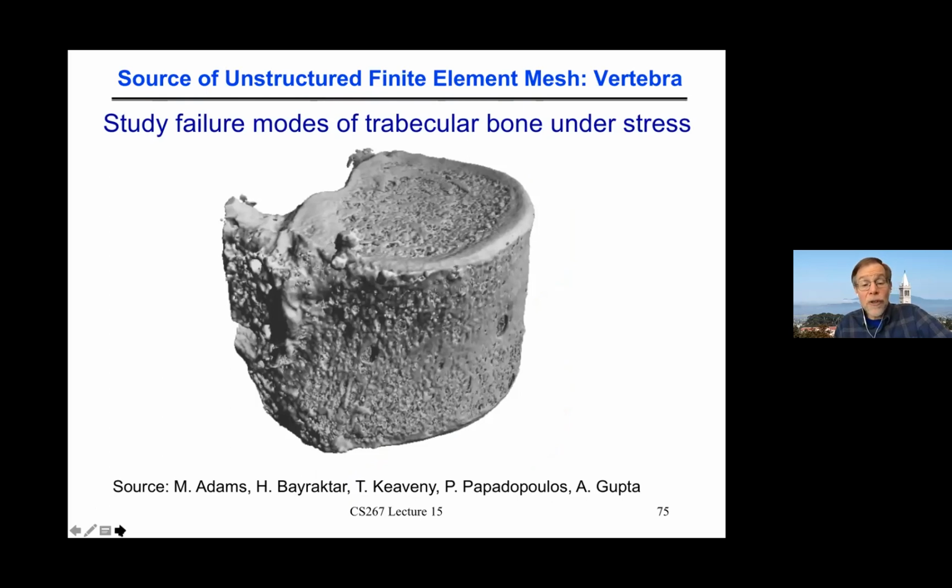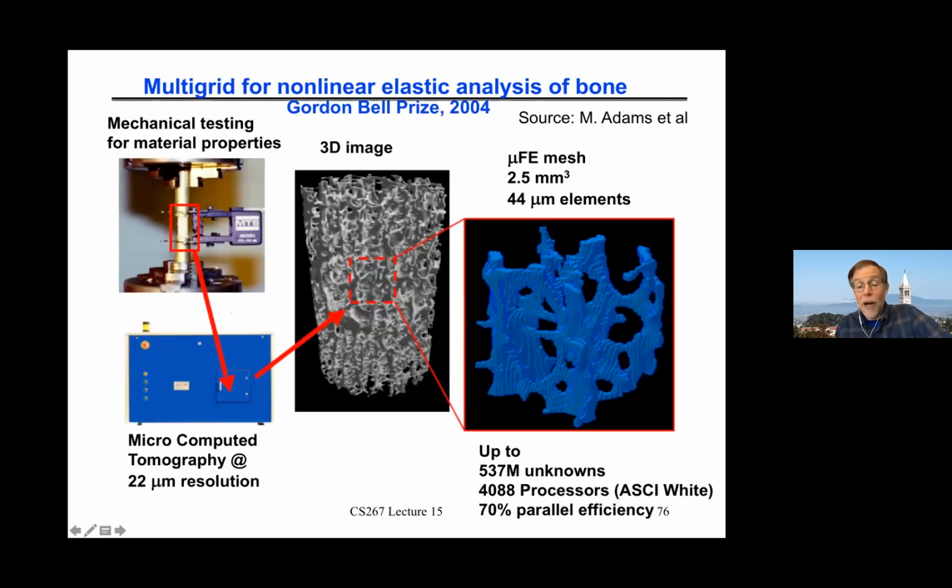I also showed you this example before, which was a project done by colleagues in the mechanical engineering department, where they were doing finite element modeling of bones of elderly patients to do a more detailed modeling to see if they're at risk for osteoporosis, for loss of bone density, rather than just computing the density. They did a very detailed finite element model of this mesh, and they used multigrid to solve it. Here's what the mesh looked like.